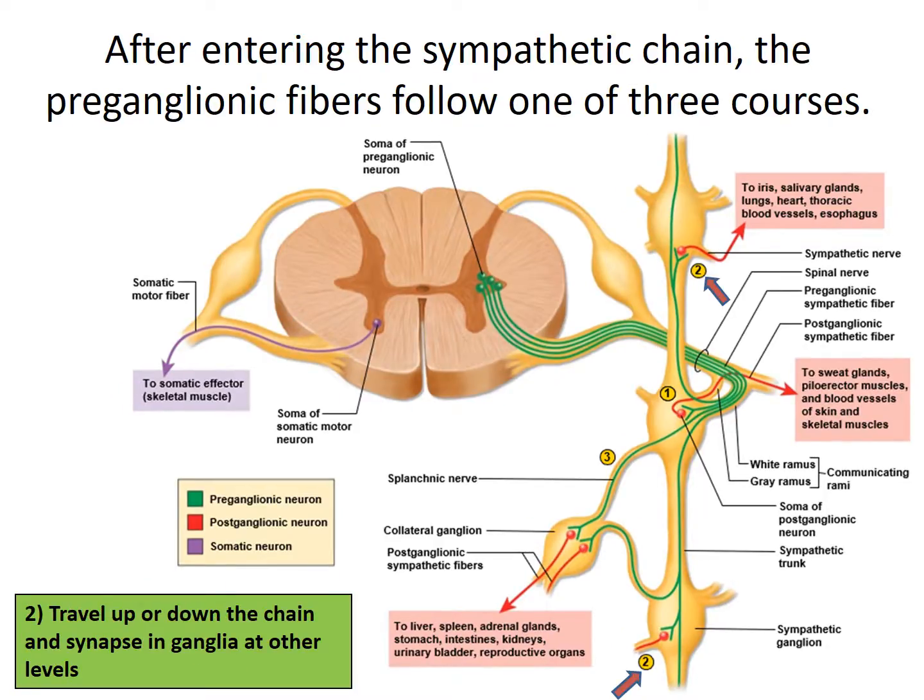Another route that these preganglionic fibers can follow is to travel up and down the chain ganglia and synapse with postganglionic fibers at other levels along the chain. And then those postganglionic fibers go out to internal organs, such as the iris, the salivary glands, the lung, the thoracic blood vessels, and the esophagus.